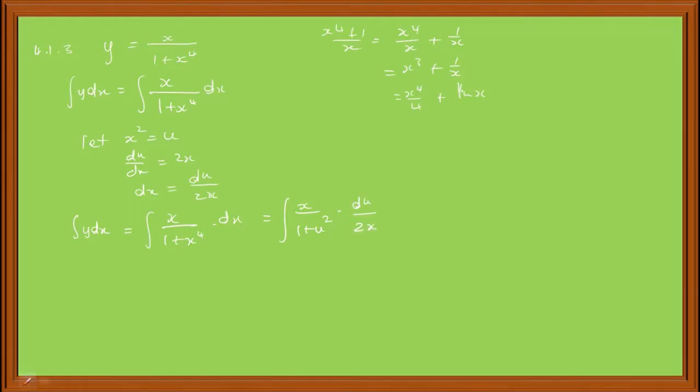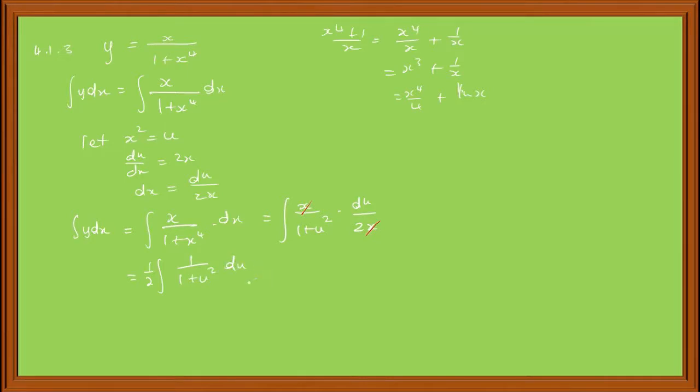Then we can cancel x. When we cancel, x will cancel x. Then we have integral of 1 over 2 outside, times 1 over 1 plus u squared du.